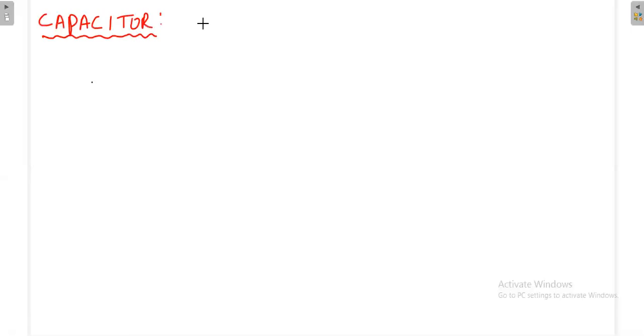For an inductor, voltage will lead. For a capacitor, I already told you the shortcut: the current will lead, the voltage will lag. If it is a capacitor nature, current will lead, voltage will lag. That's a simple idea. So with that understanding, we'll start.